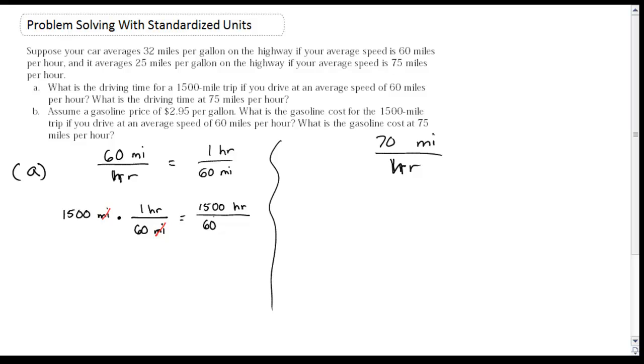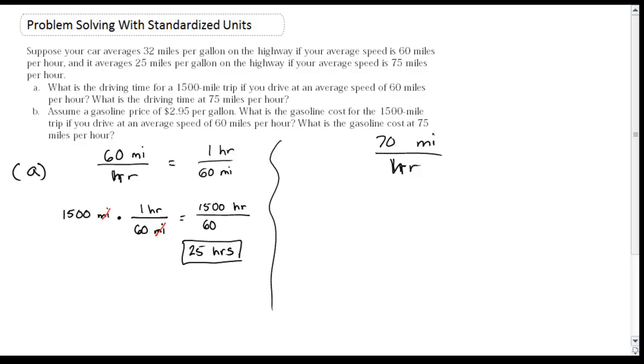So 1,500 divided by 60. So 25 hours. All right. So that was the longhand way.